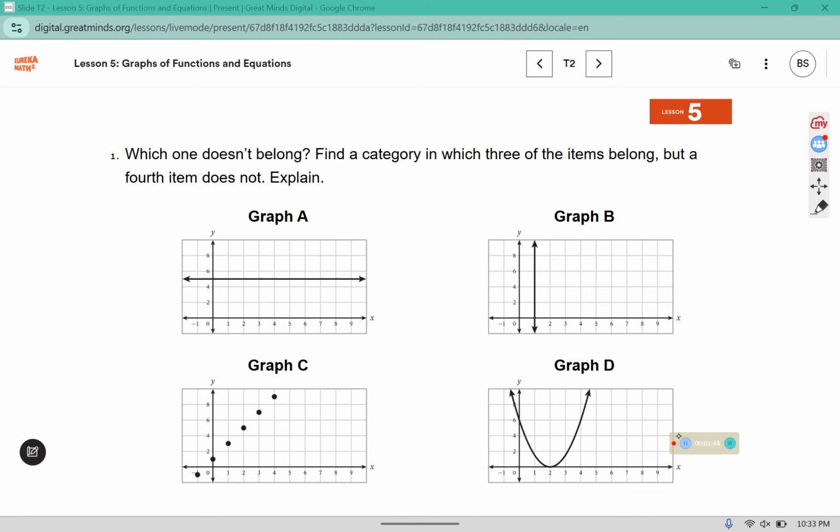You may also say C does not belong because the other 3 are connected, whereas graph C is distinct points. So you can make a claim for any of them not belonging, but you need to make sure that you back it up with an explanation.